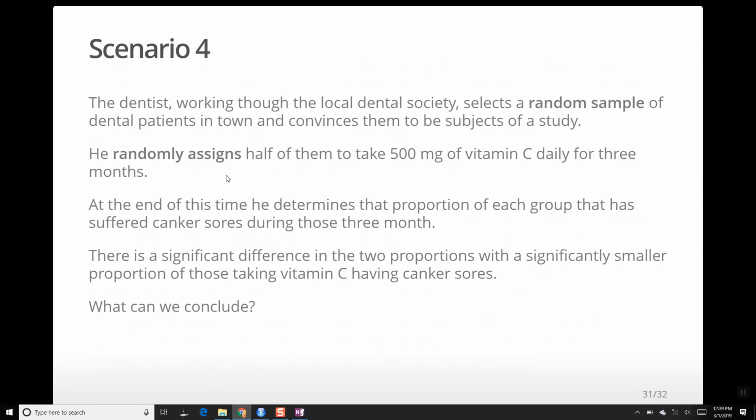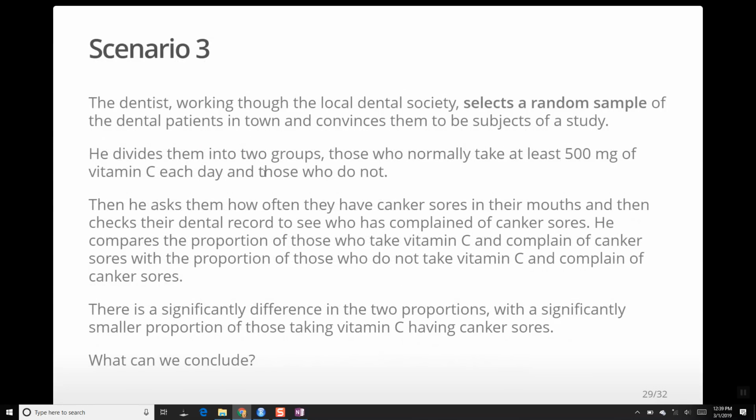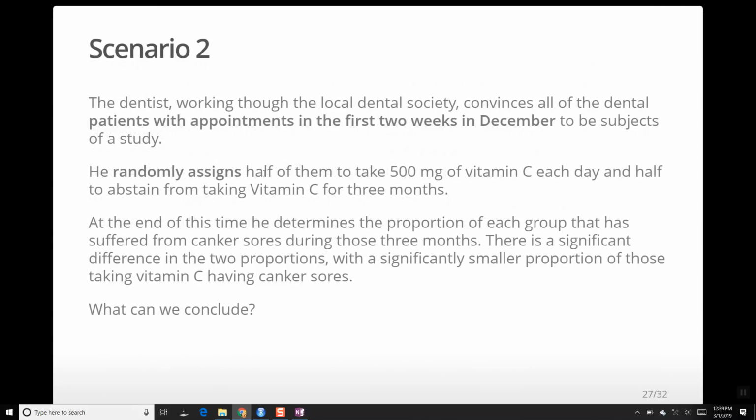But anyway, this is nice. Generally, we can't get this. So we either have to deal with scenario 3, where we have a random sample and we do observations, or we get a sample that's not random because they've consented to join our experiment, but we do random assignment there, okay?